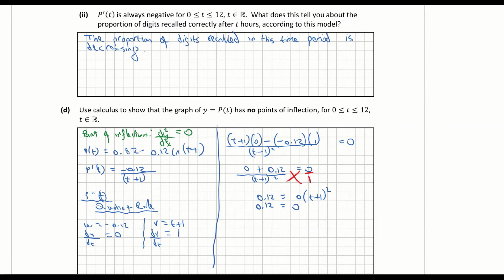So you can see that I have 0.12 is equal to 0, but since 0.12 is clearly not equal to 0, therefore there is no point of inflection, because I would have been hoping to get 0 is equal to 0 in order to prove it had a point of inflection.